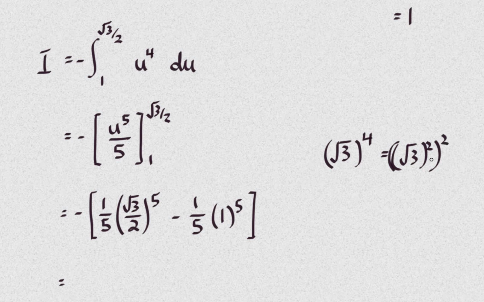So that's just 3 squared, or 9. But then we have one more root 3. So this means that we have 9 lots of root 3, and on the bottom we have 2 to the power of 5, which is 32. Over here we simply have minus 1/5.